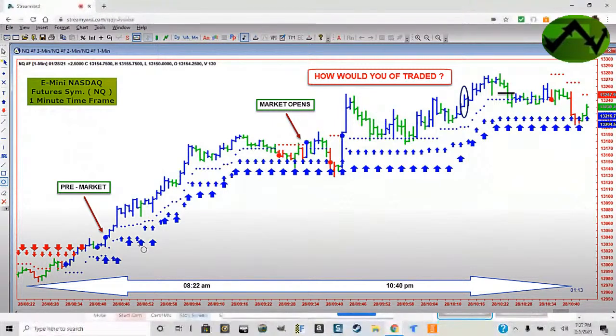So where I would have got in on this one, depending again on your trading style, because everybody's different, you could have got in here on this one if you wanted to, or what I would have done would probably be to get in about right here. And you can still catch a little bit of that trade, but it wouldn't be a whole lot.